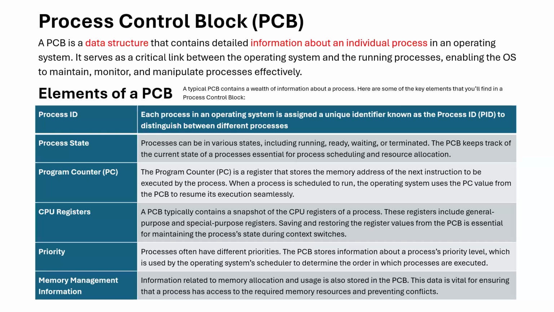So in all these things, there's a way it's represented, and it's called the process control block, a PCB. There's another meaning of PCB, printed circuit board. But when I'm talking about processes, this is actually a data structure that contains detailed information about an individual process.